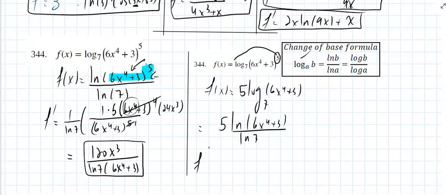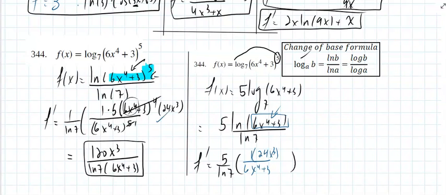And when I want to take a derivative, I could say 5 divided by natural log of 7 is a constant. Derivative of a log is 1 over the argument times the derivative of the argument. And as you see, this looks a lot simpler than this.